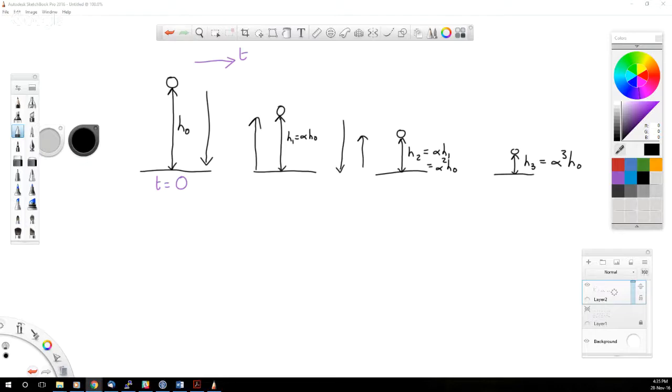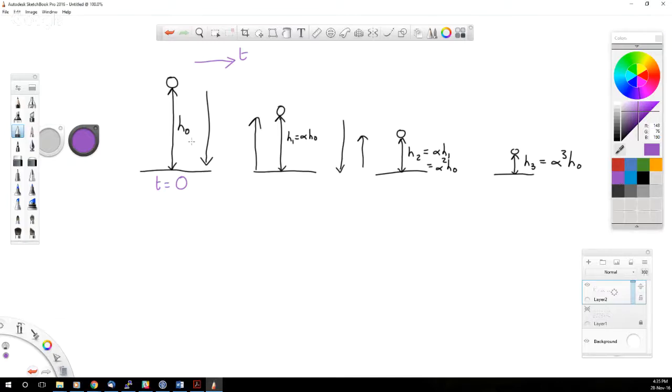And the first part of the question says, using the properties of exponentials and logarithms, show that the height of the nth bounce, as a function of n, h_n, is h0 e to the power cn, and give an expression for the constant c. Reassure yourself that this is a decaying function.